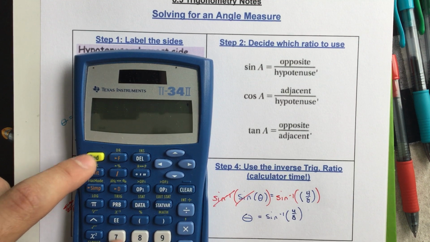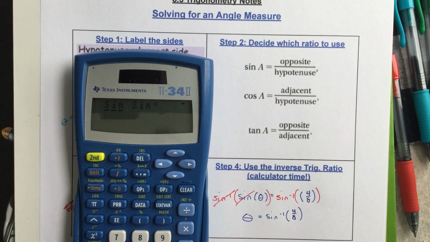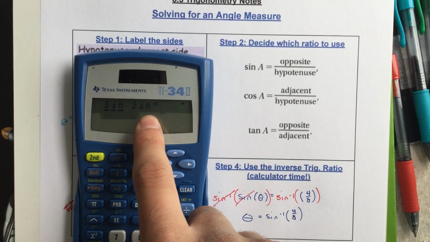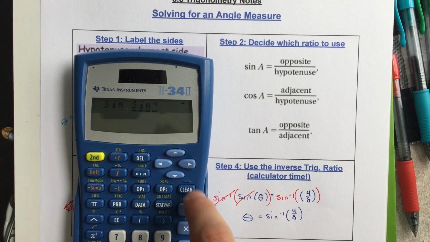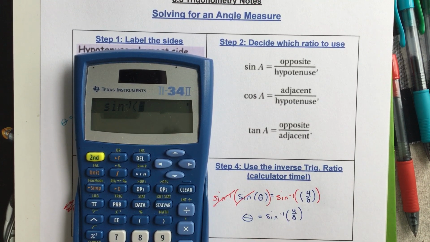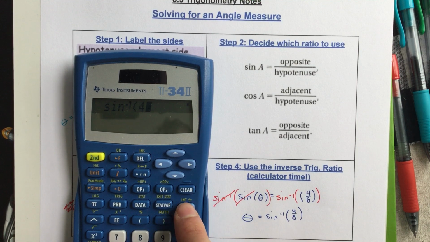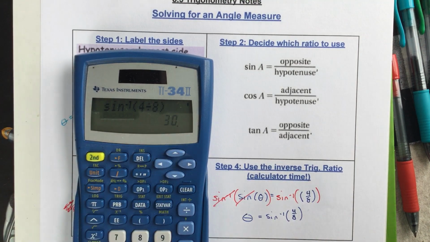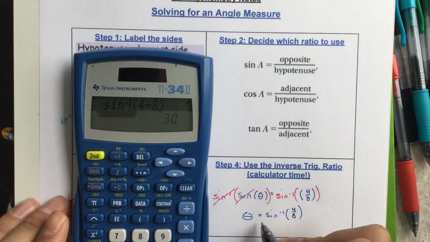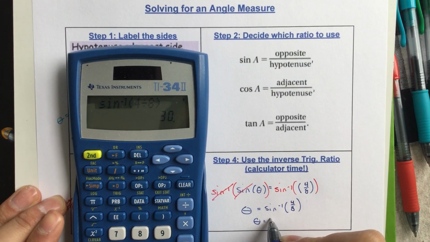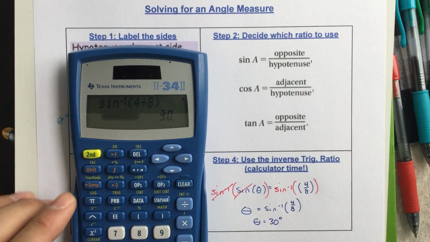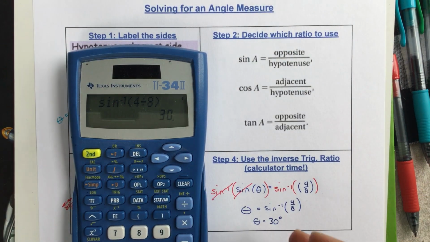I'm going to hit second trig, and you can see it says sine -1, or inverse sine. I'm going to scroll over and hit that and enter, and now I can just type in 4 divided by 8, and it comes out to 30, or 30 degrees, which is what we said the answer should be from the beginning. So it's pretty quick and easy with the calculator.